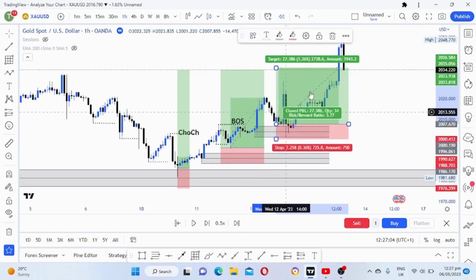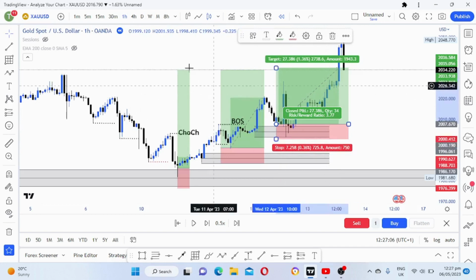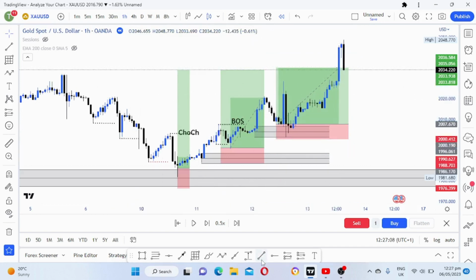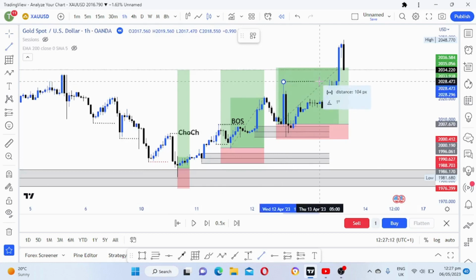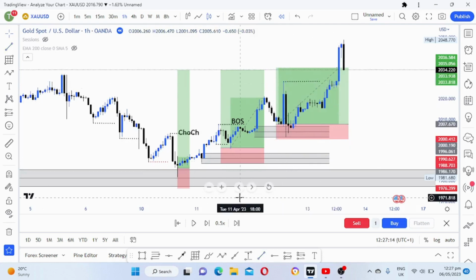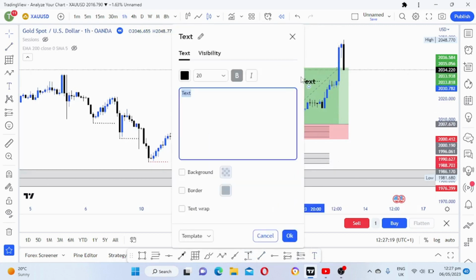That was our third buy, guys. Now we have a break of structure here. There is our second break of structure, guys.